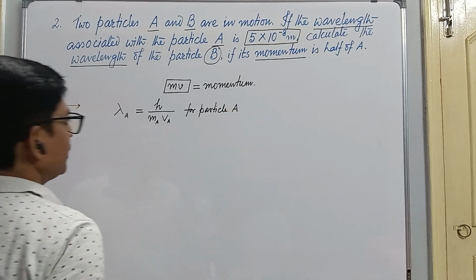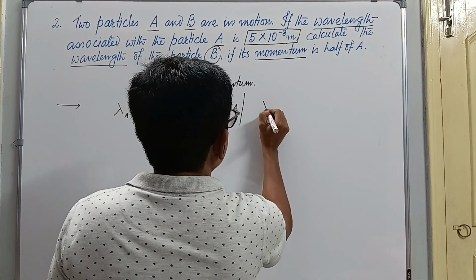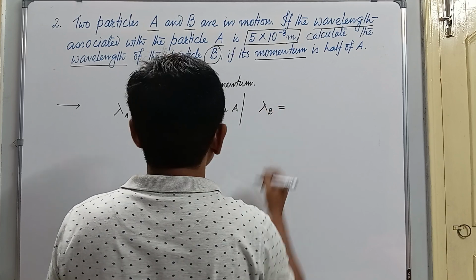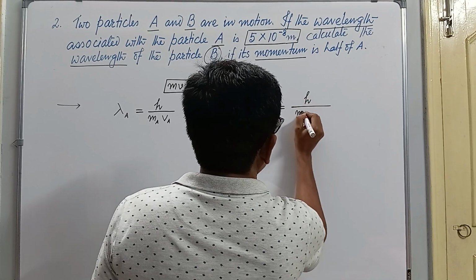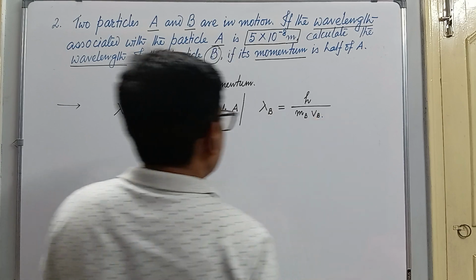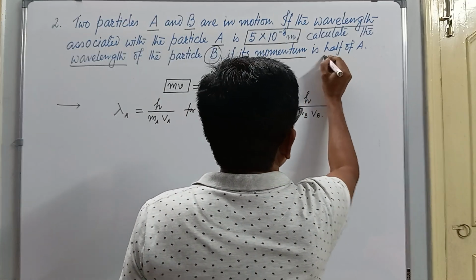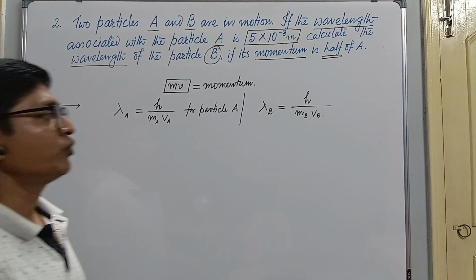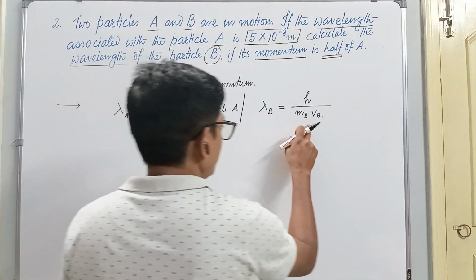Similarly, I can write lambda B, that is the wavelength associated with particle B as it is in motion, is equal to h by mass of B and velocity of B. Now what have they said in our question? They have given that the momentum of B is half of A. So what will be the relation between the momentum of A and the momentum of B?